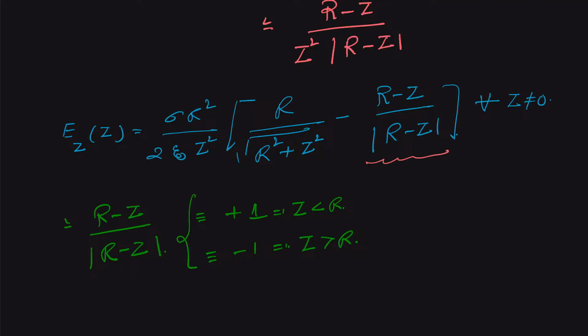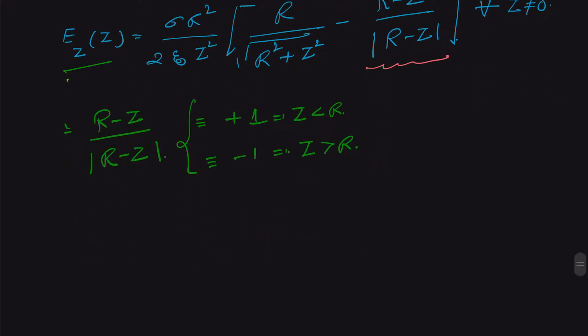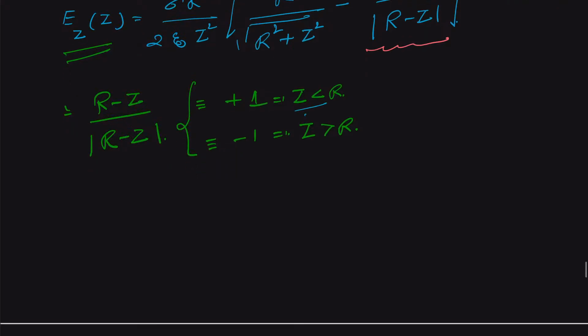So this is quite simple arithmetic now. Therefore we get two values depending upon the value of z in comparison to r.